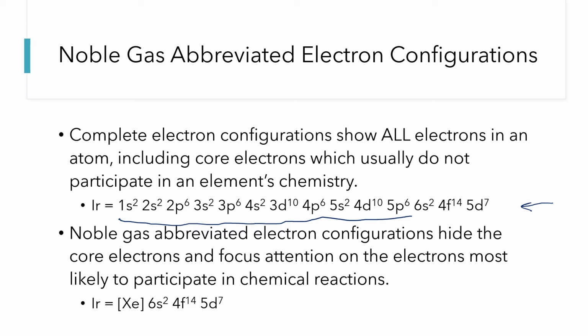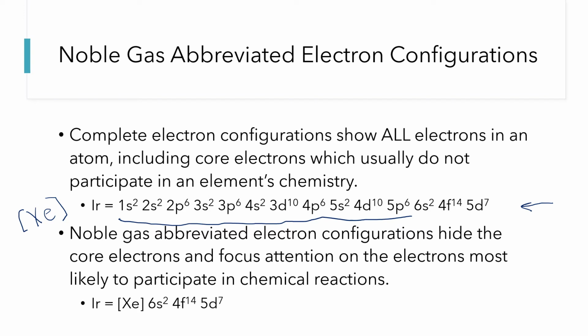So in place of this really long string of orbitals and electrons, we can simply write square brackets around xenon. And this symbol, the square brackets around xenon, means 1s2, 2s2, 2p6, and so on, all the way up to 5p6.